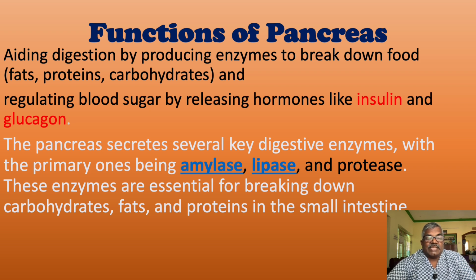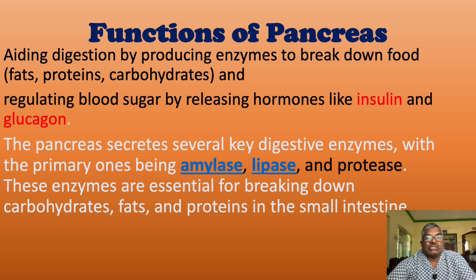These are the hormones which are used to regulate blood sugar level. See, our body needs sugar. We are eating carbohydrate that is converted into sugar, and even fat is sometimes converted into energy. Our body cells require a lot of energy to function. This is controlled by insulin as well as glucagon. How much sugar the blood can hold will be controlled by insulin and glucagon.